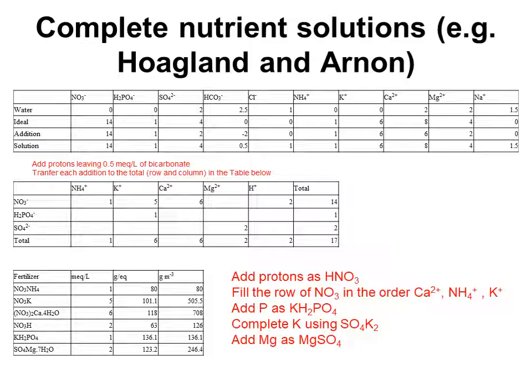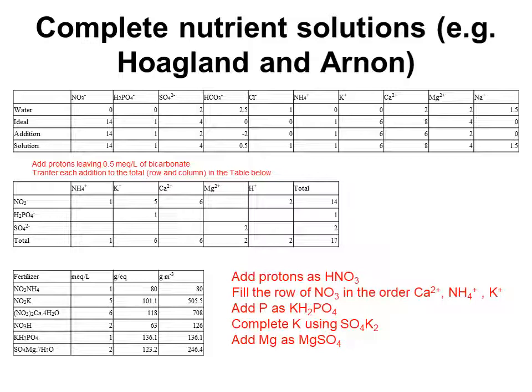So the addition that we would need, to get the ideal solution, if the water has no nitrate and we need 14, we need to add 14, right?